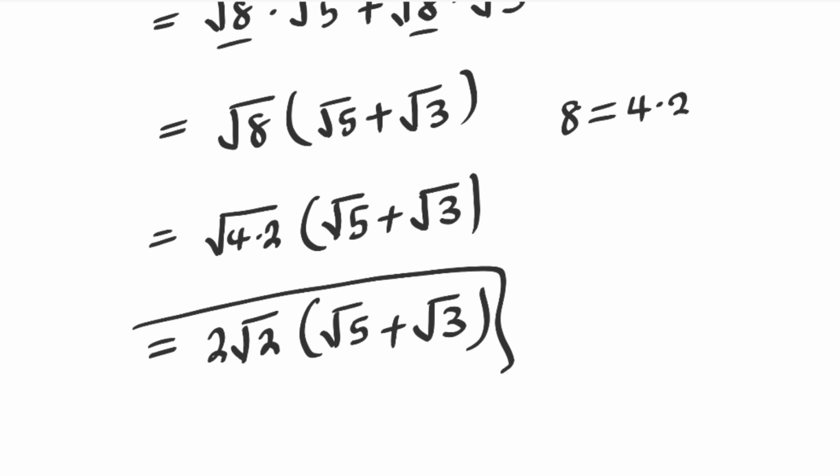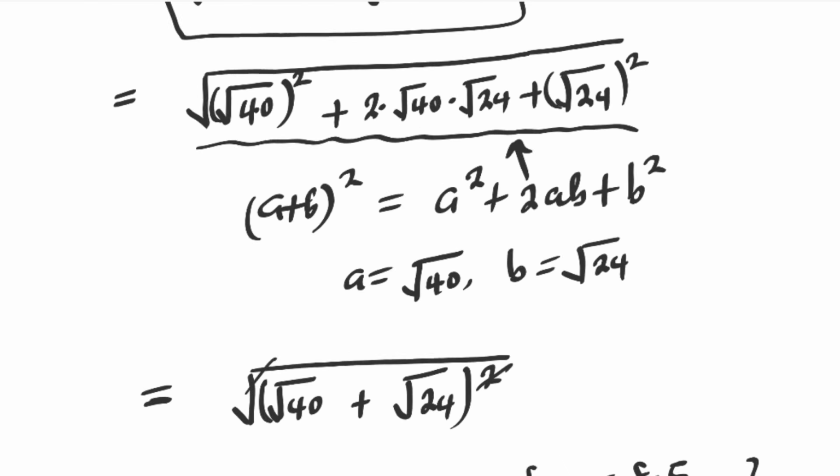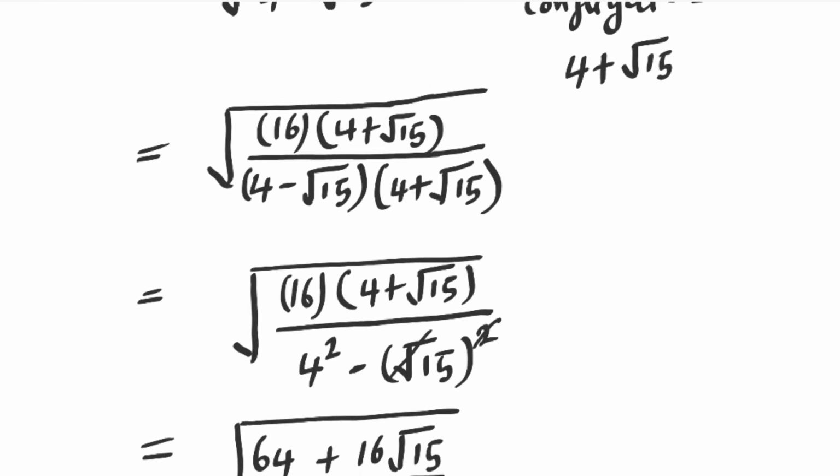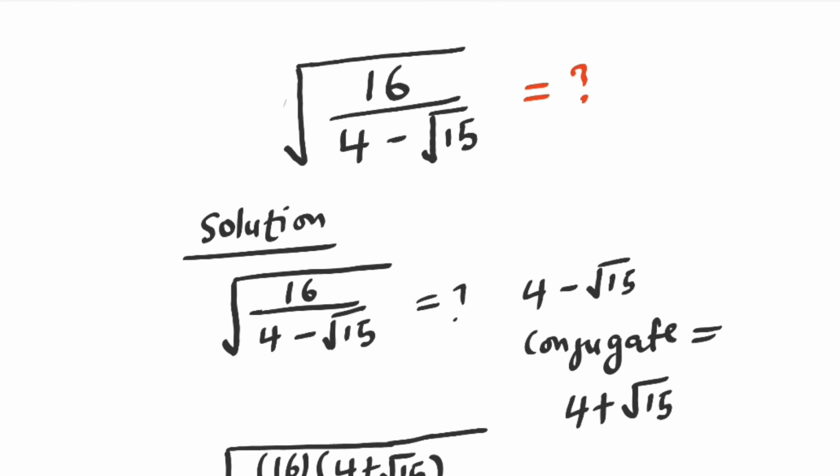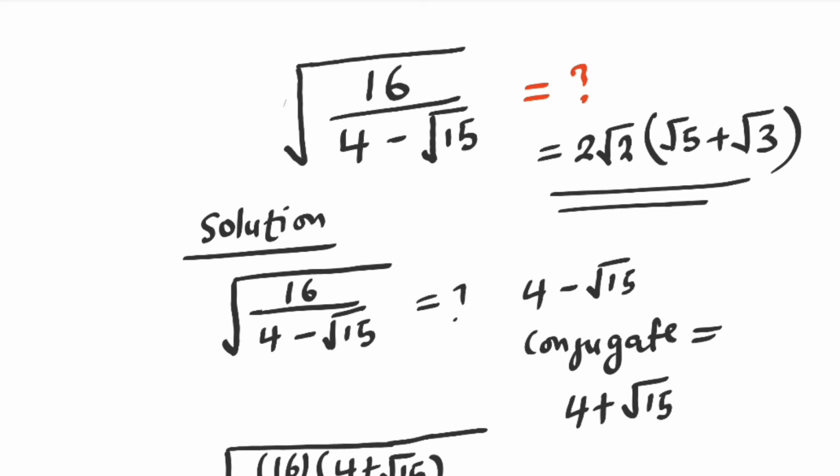And this is the final answer. Therefore, our answer here is square root of 16 over 4 minus square root of 15 is equal to 2 root 2 bracket square root of 5 plus square root of 3. This is the final answer.